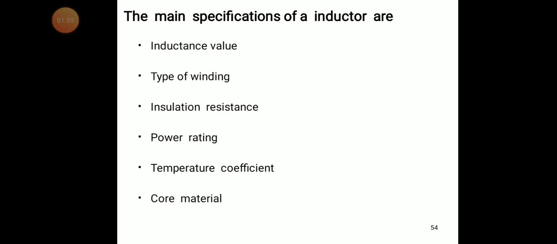Type of winding: what type of winding we are using, clockwise or anti-clockwise. Depending on that, we need to know it when using the inductor. Insulation resistance means how much resistance is offered by the contact leads, so we also need to know that.